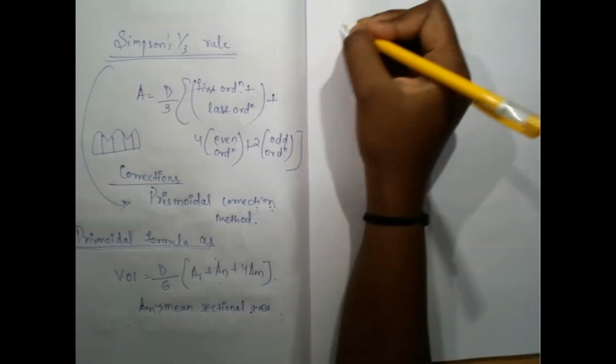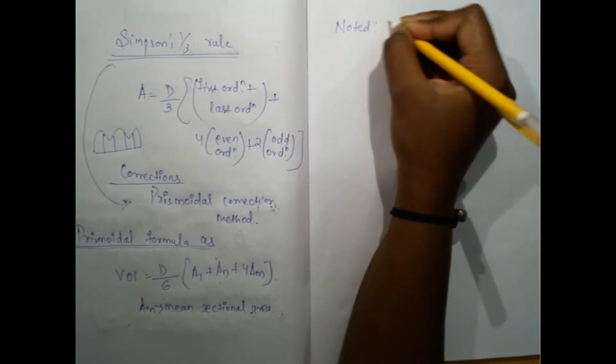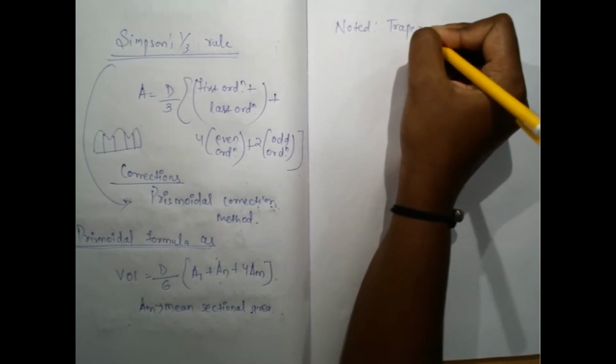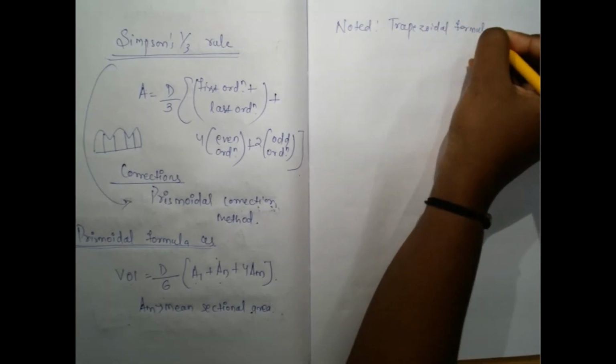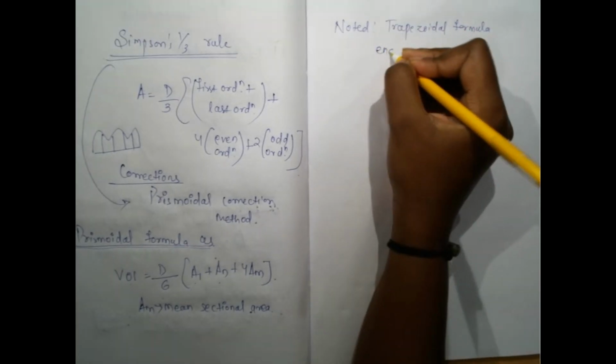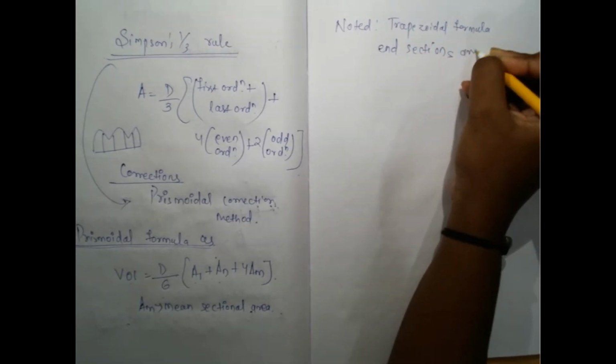It should be noted that for the trapezoidal formula, we usually consider that end sections are parallel.